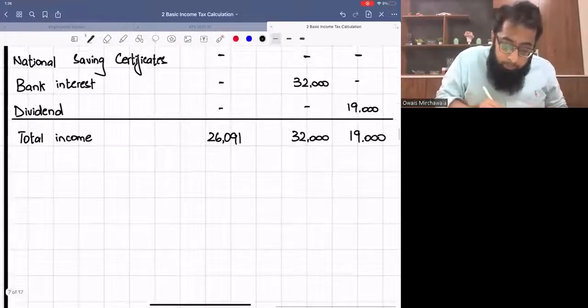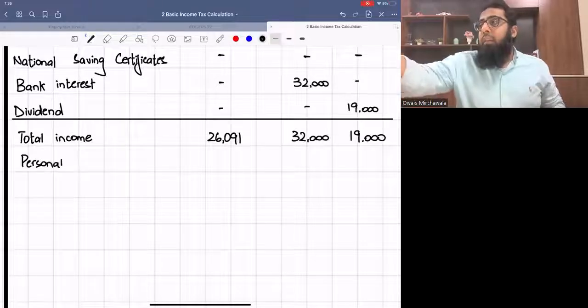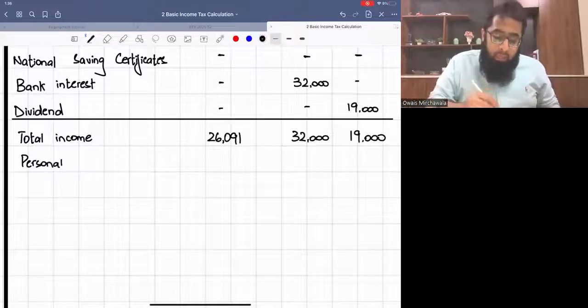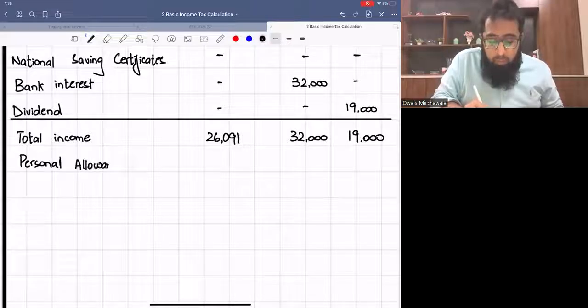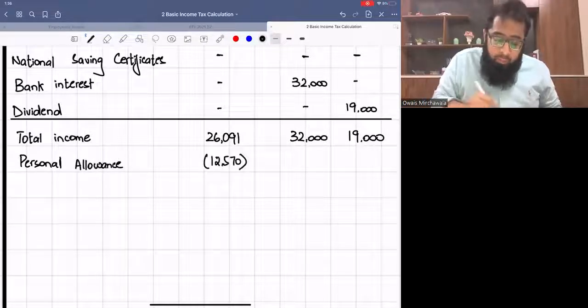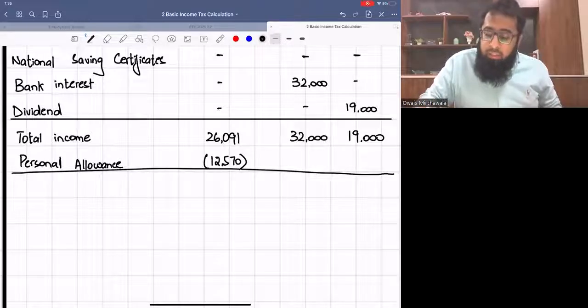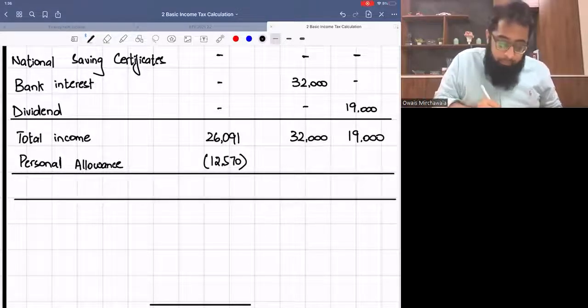Now we will deduct the personal allowance, which is 12570, to arrive at the value of taxable income.